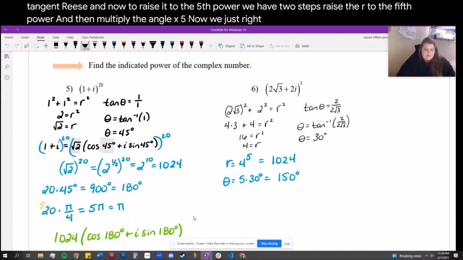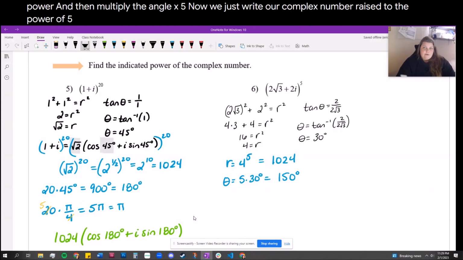Now we just write our complex number raised to the power of 5 in polar form to wrap up this question.